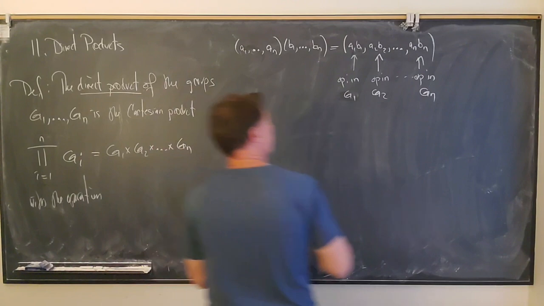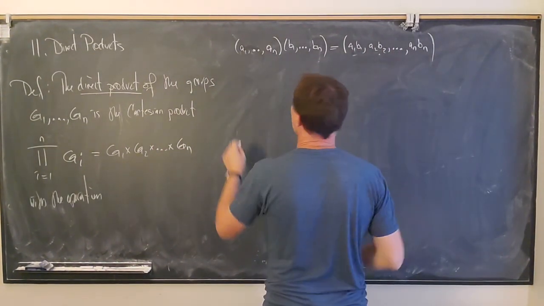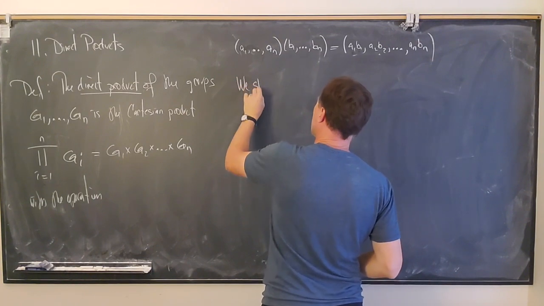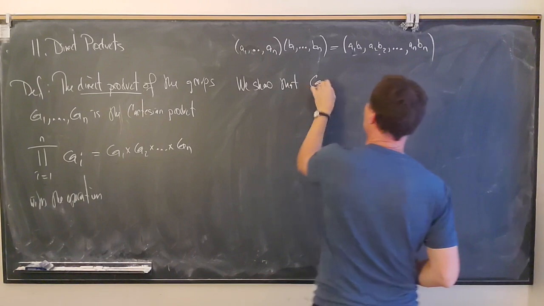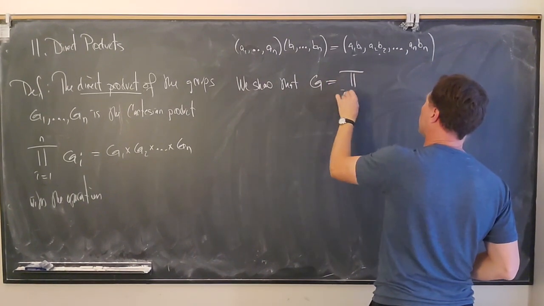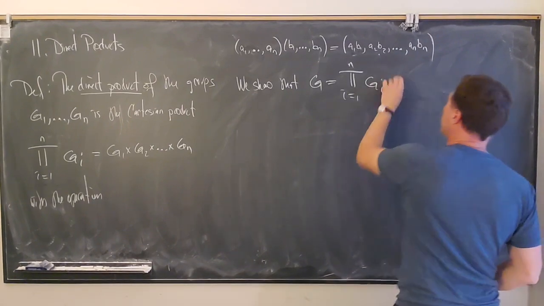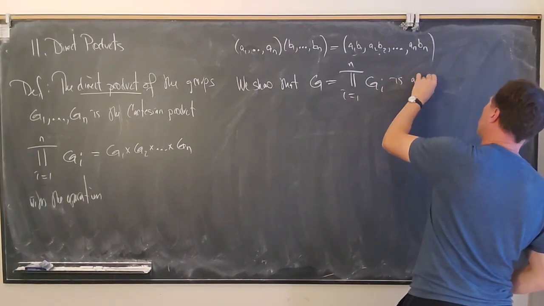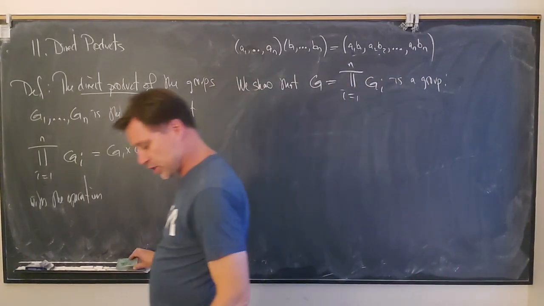Okay, so let's check that it's a group. So we show that, let's call it capital G. So capital G is the Cartesian product of the G_i. So we show that G is a group. So let's see, we need associativity.